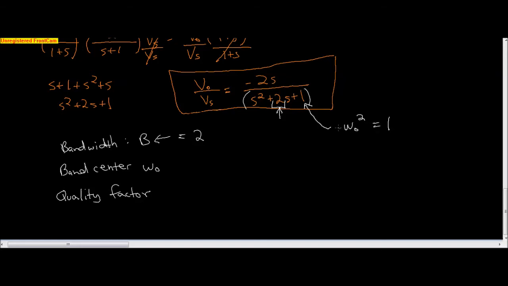So if we take the square root, that will cancel out and we'll just be left with omega naught equals the square root of 1, which equals 1. And the quality factor is just a ratio of the resonant frequency to the bandwidth, and this equals 1 over 2.